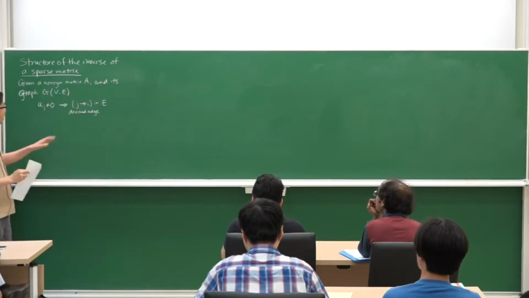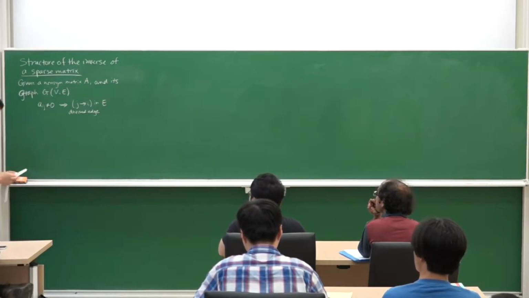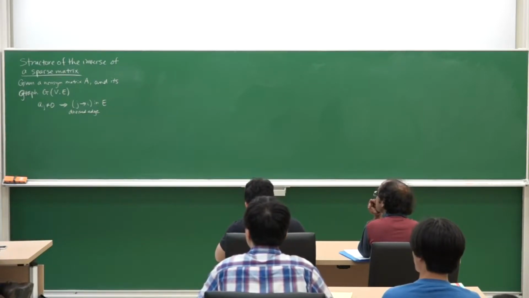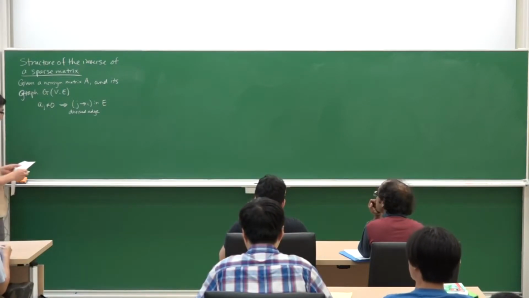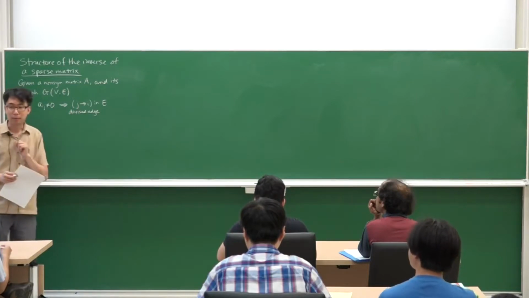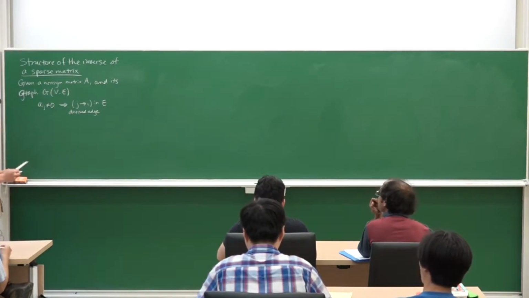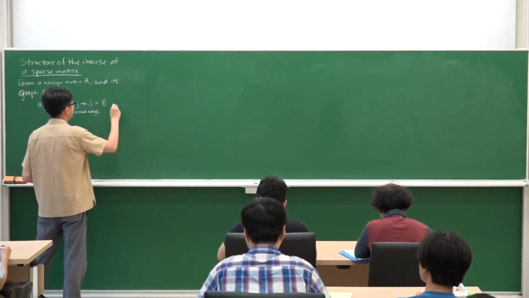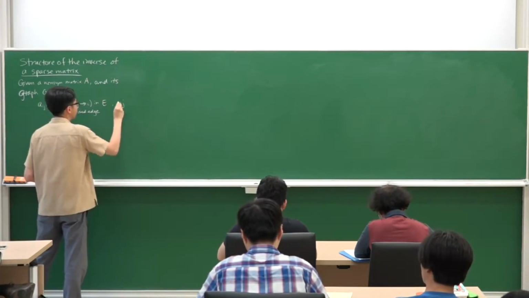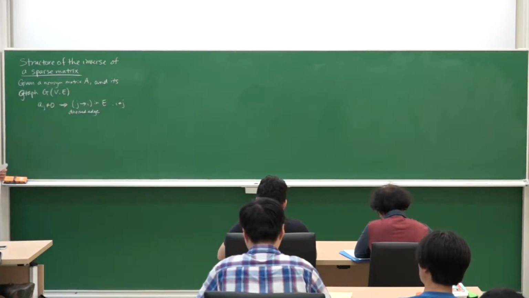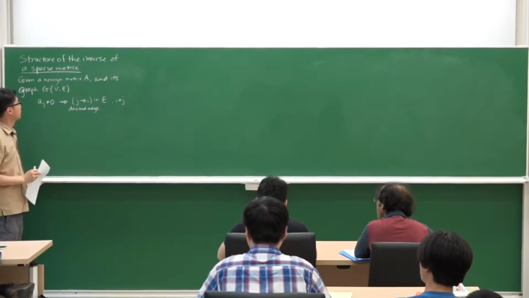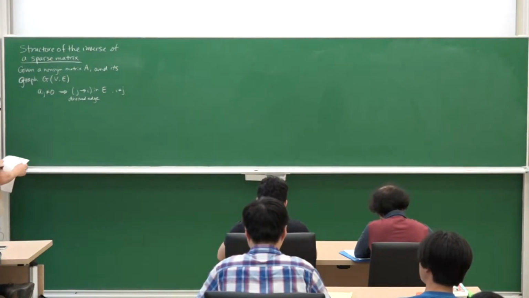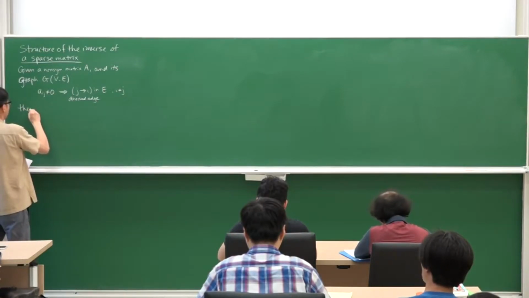And this is the same notation that I used last class as well. And if we have a lower triangular matrix, then all of the arrows go from a low number to a high number. Okay, so J is less than I in a lower triangular matrix. And I'm also going to say I is not equal to J because I'm going to ignore the diagonal. Then what we're interested in is the structure of A inverse.